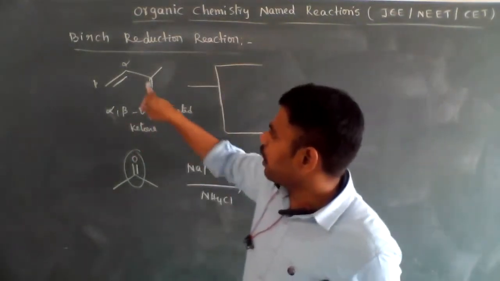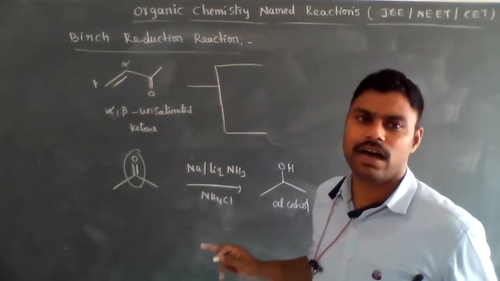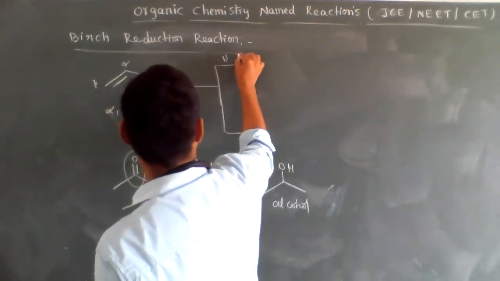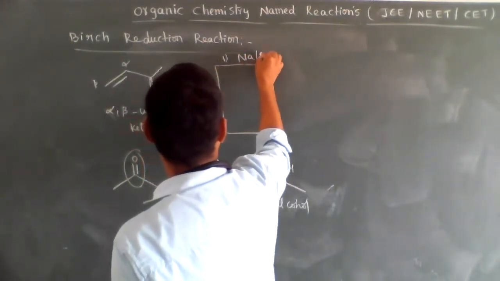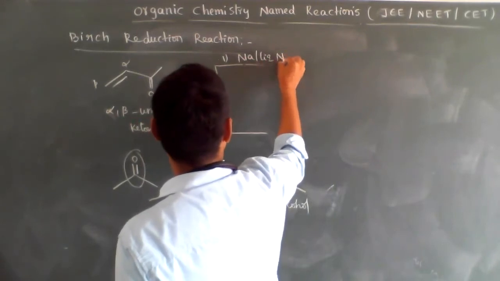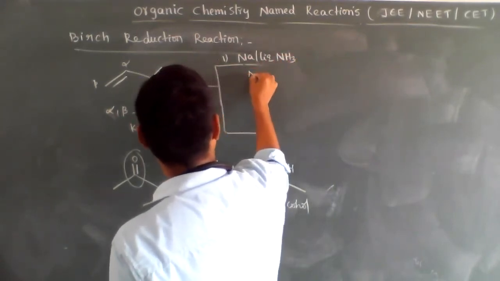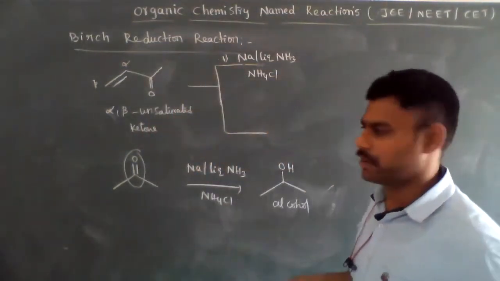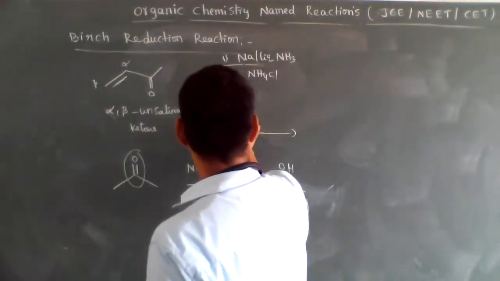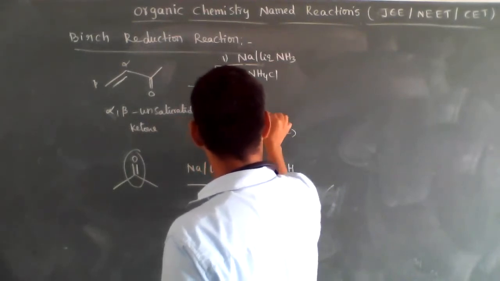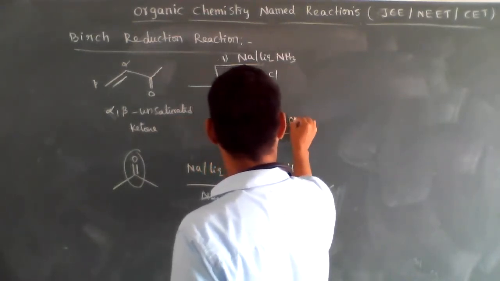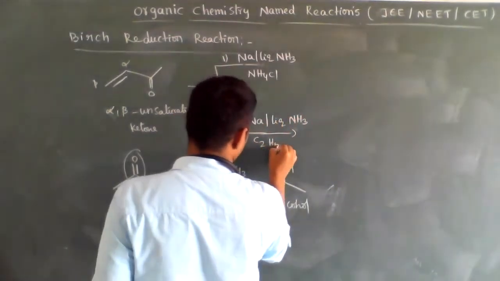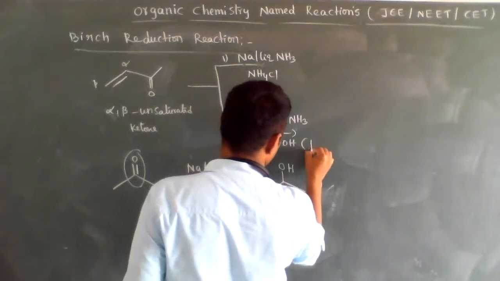Now, when alpha, beta unsaturated aldehydes or ketones are present, the first condition is sodium in liquid ammonia with ammonium chloride as the solvent, not a protic solvent. The other is sodium metal, liquid ammonia and ethyl alcohol as a protic solvent.